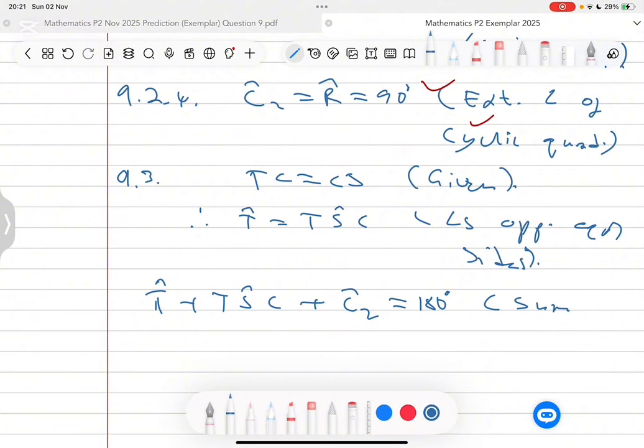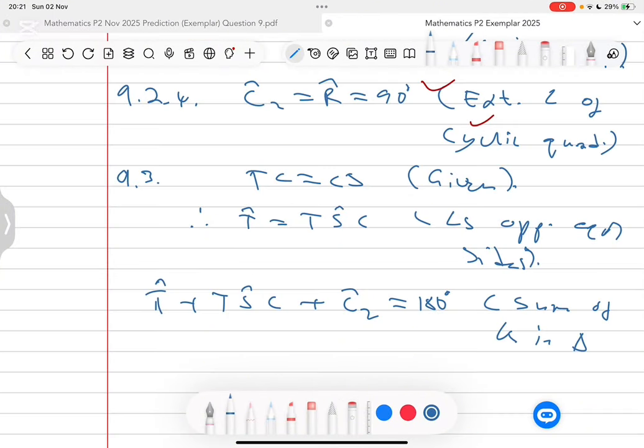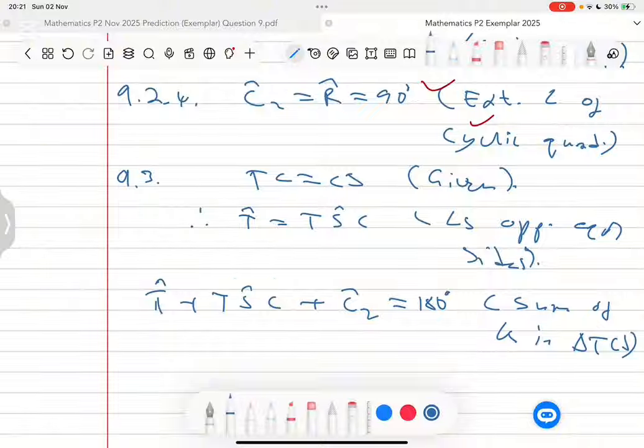So here we're going to say the sum of angles in triangle TCS. But remember that we are saying that angle T and angle TSC, they are the same. So these two angles are the same. It means I can write them using the same symbol. Because I'm looking for T, I'm going to write them using T. I'm going to say both these angles are T because they're the same really.